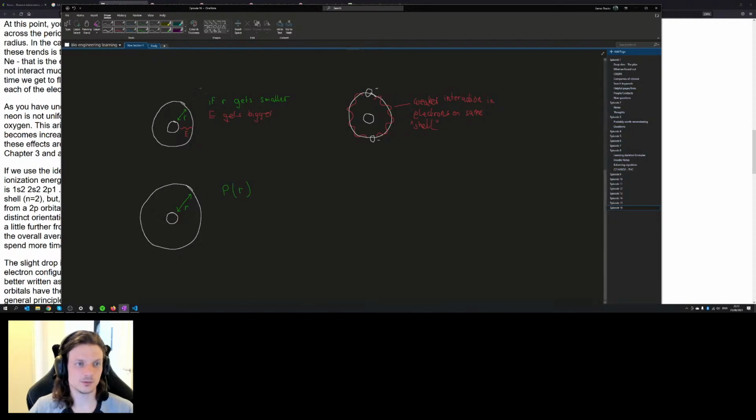And this probability function P is equal to the... what did they say?